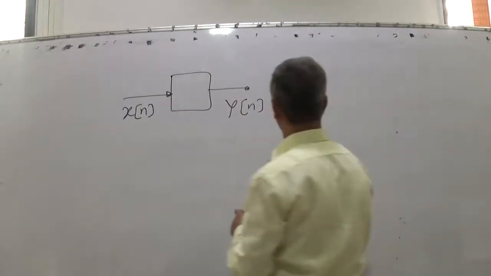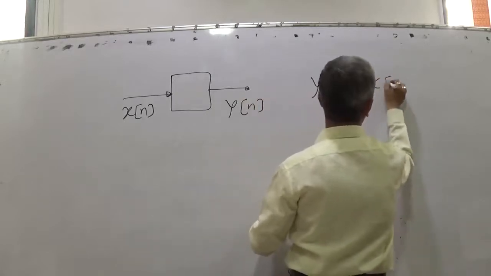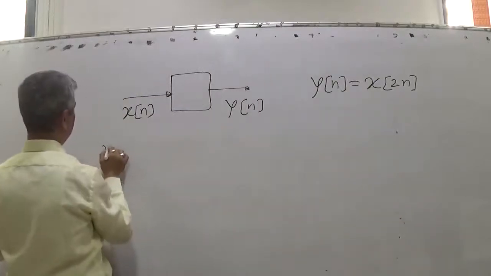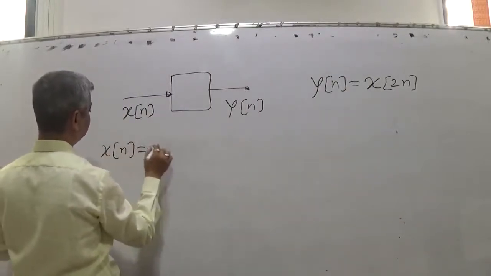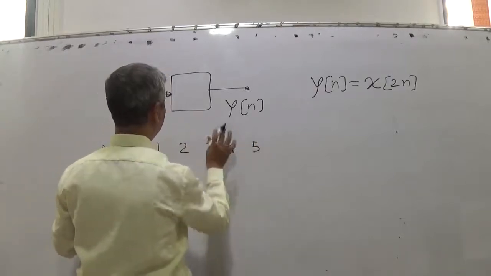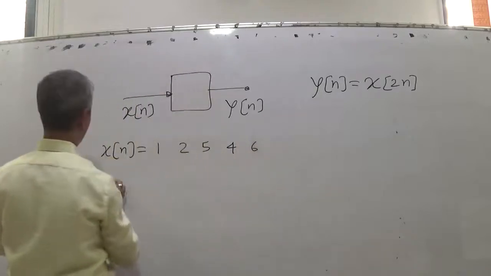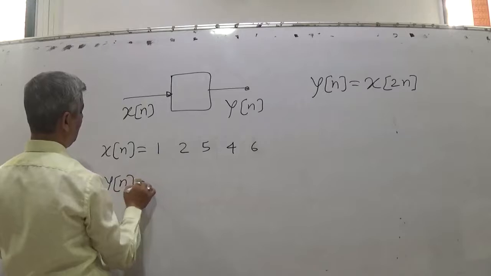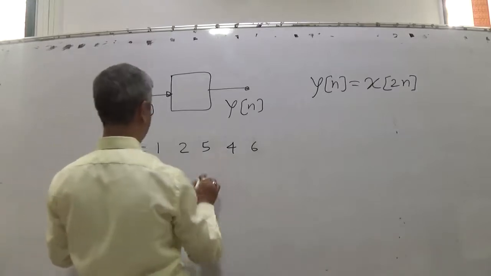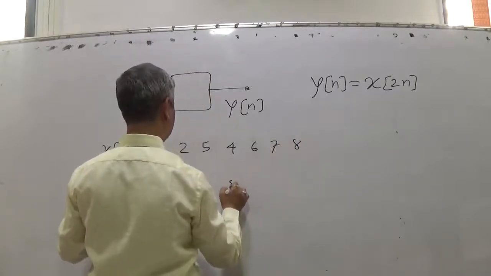We have a system equation y[n] = x[2n]. Means we can take an example. x[n] = 1, 2, 3, 4, 5, just random values I am taking. So y[n] is equal to x of 2n, and this goes on like this.